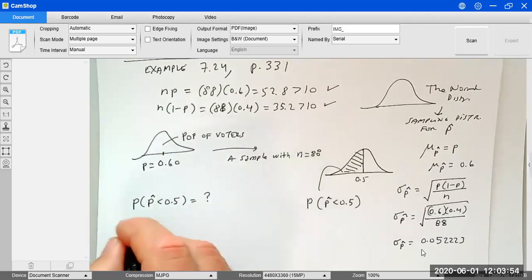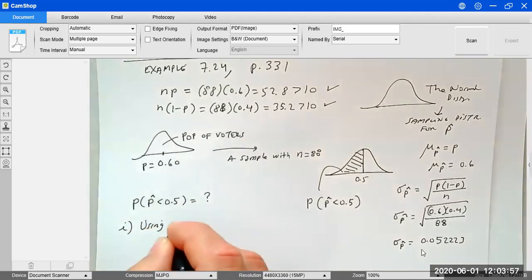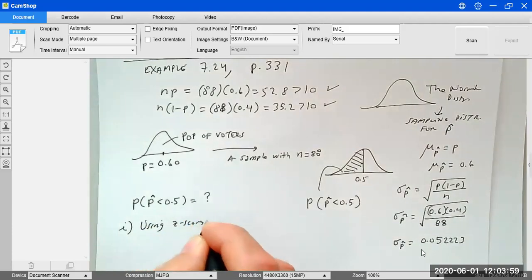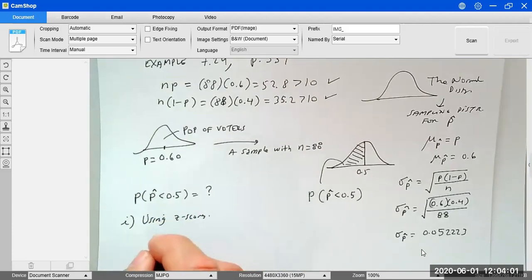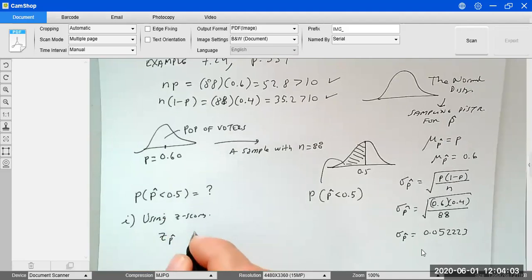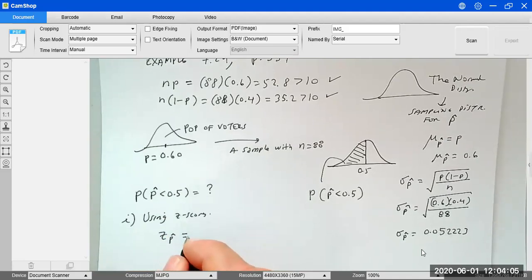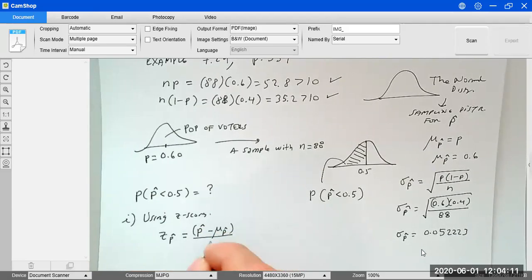So the first method, using z-scores, we're going to need to find the z for this proportion of interest. So it's going to be p hat minus mu for p hat over the standard deviation for p hat.